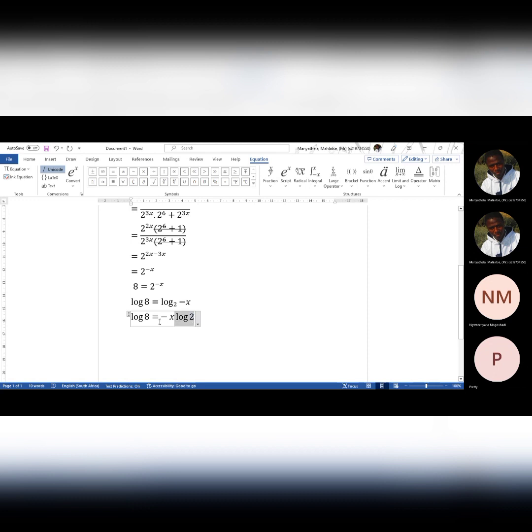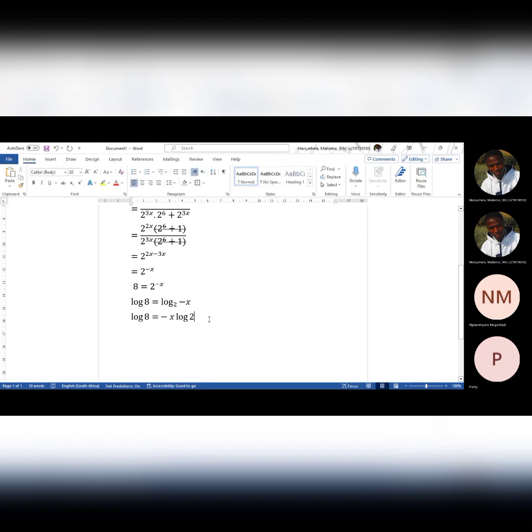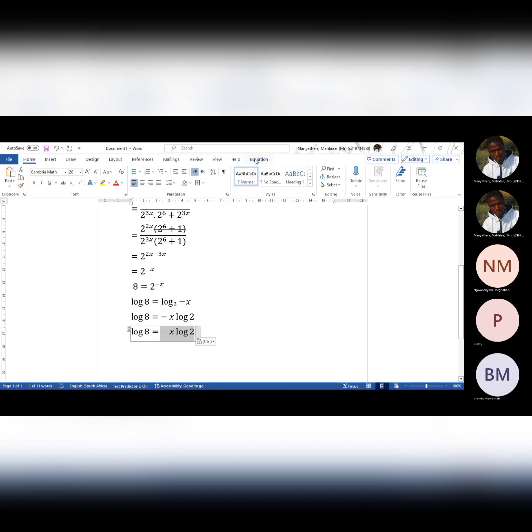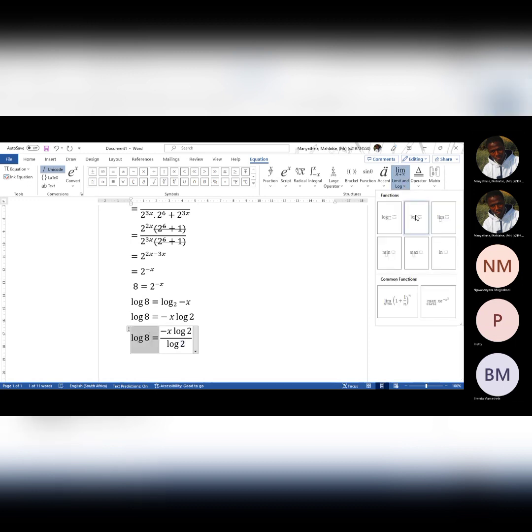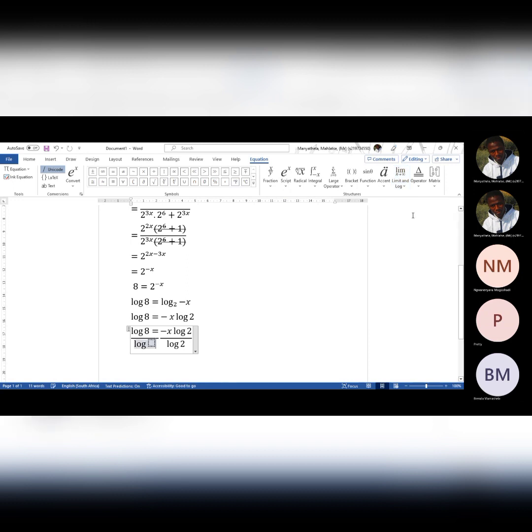We want the value of x. Divide both sides by log 2.